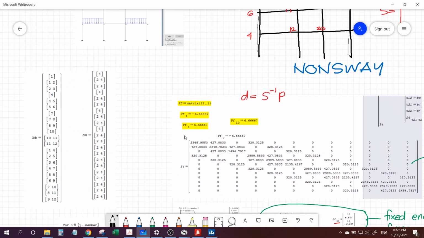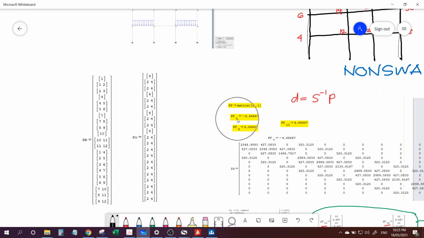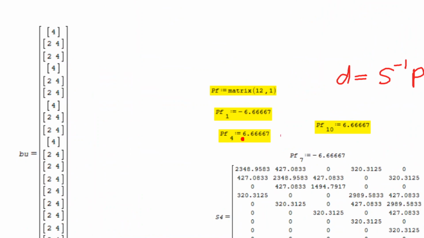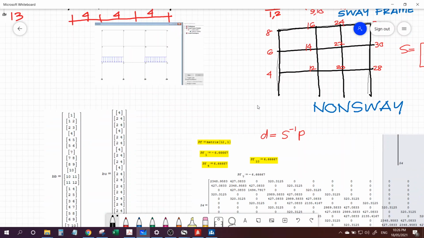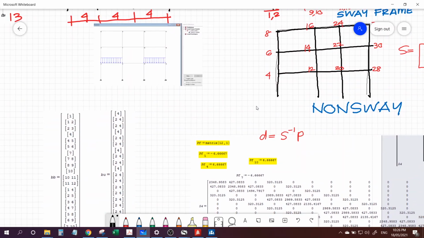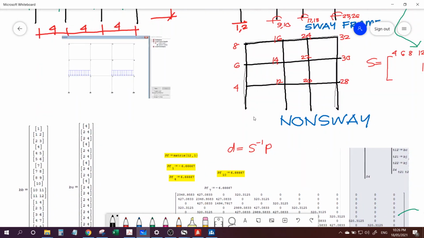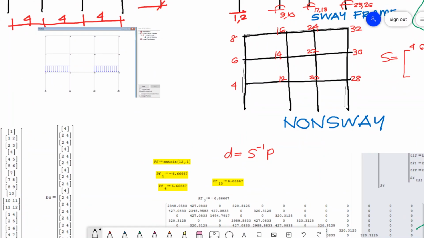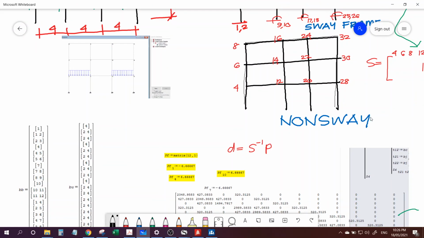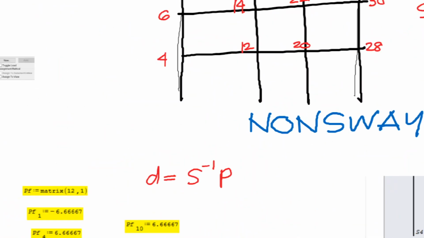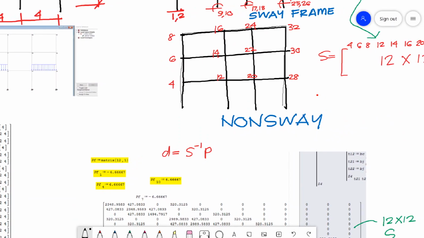Now as you see, my applied loads are applied in codes 1, 4, 10. Remember, our code for P will also be this.